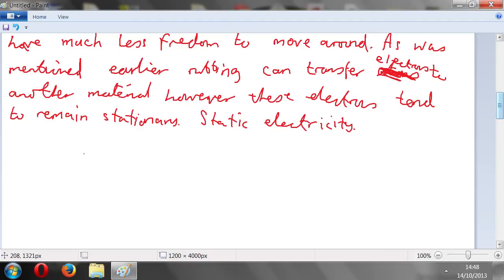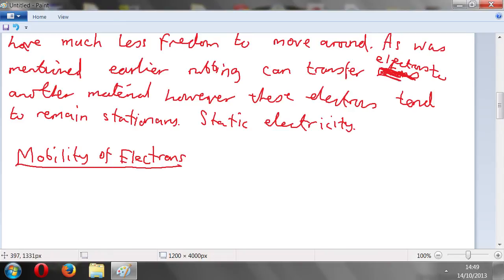So obviously we're talking about mobility of electrons. Metals seem to be very free, and in other materials it's not as good, basically. And this is actually why static electricity devices are not used in modern day electronics.